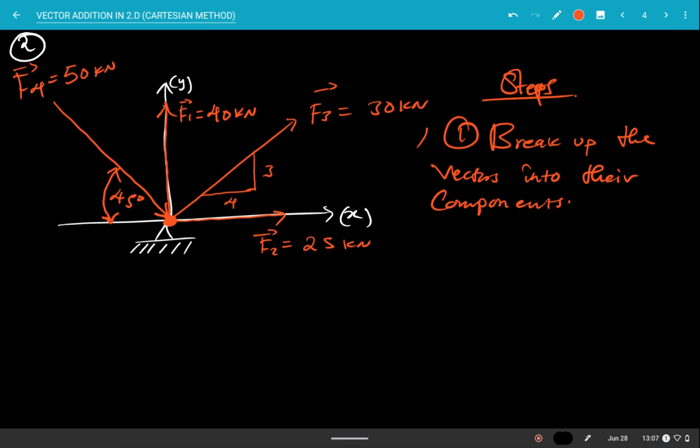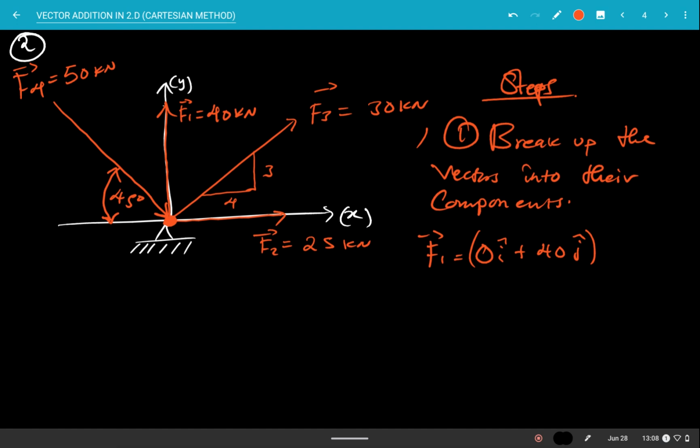All right, so we'll start with F1. If you look at F1, it is only acting in the y. So it only has a j component and doesn't have an x component. So it's 0 in the I plus 40 in the j.